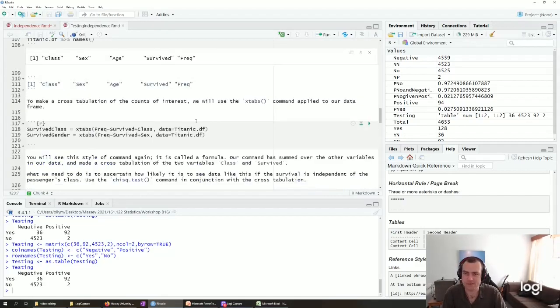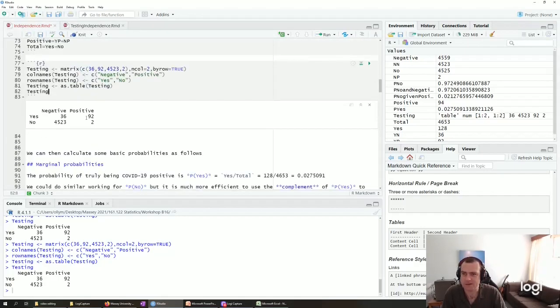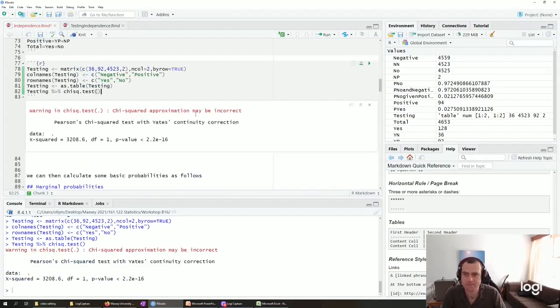Then we should just be able to use what we've got in our chi-square test of independence. We should just be able to pipe that testing object into the chi-square test. Now it's giving us a warning, probably because some of our expected counts are very low, and the chi-square test is not perfectly accurate if you have very low counts.